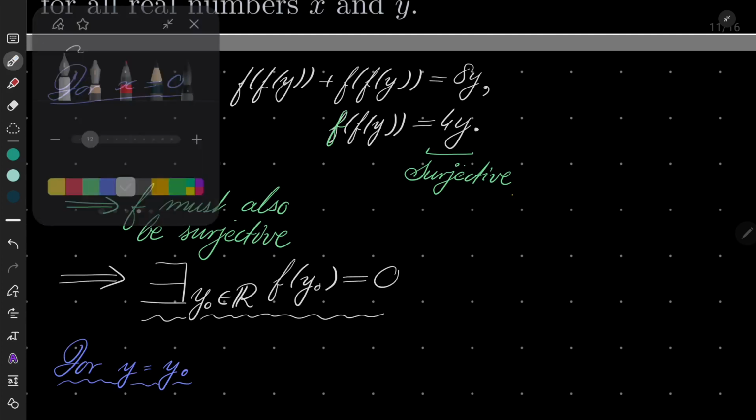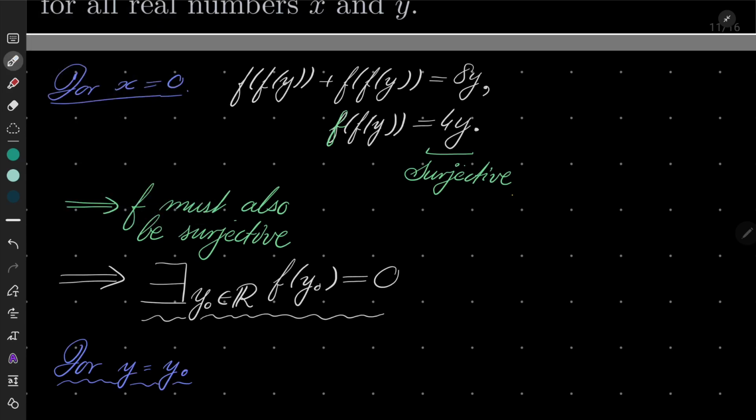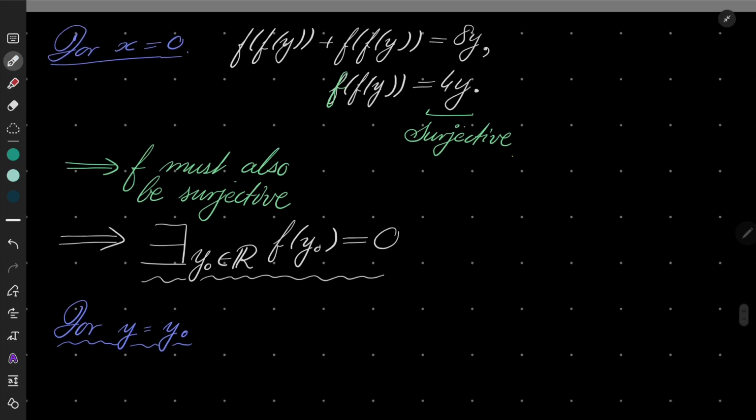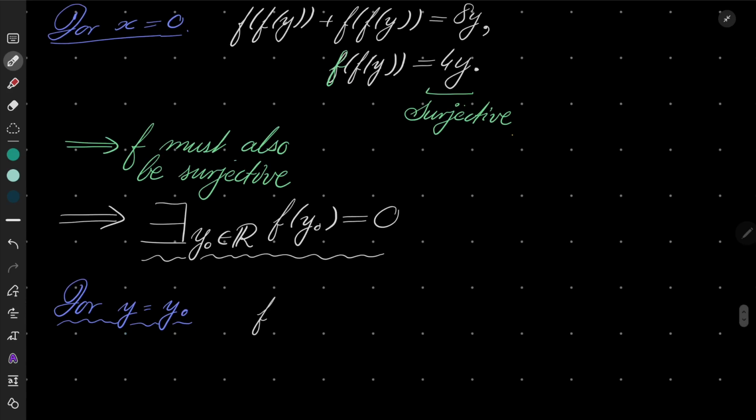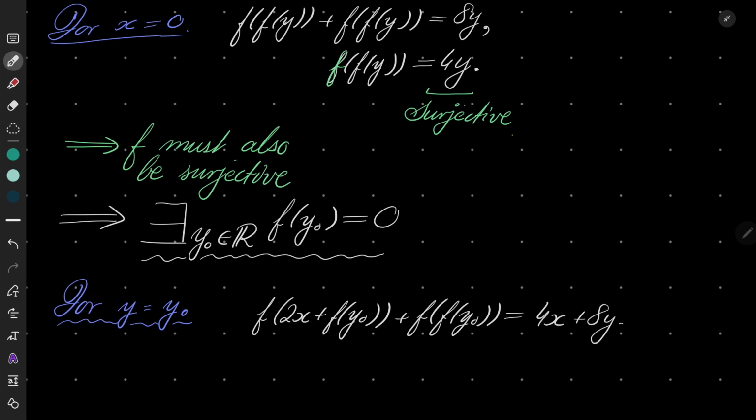And what do we get now? We get the following: f of (2x plus f of y sub 0) plus f of y sub 0 equals 4x plus 8 times y sub 0.